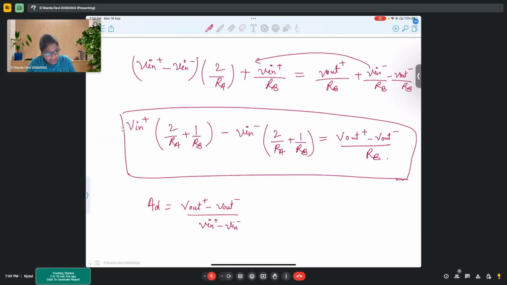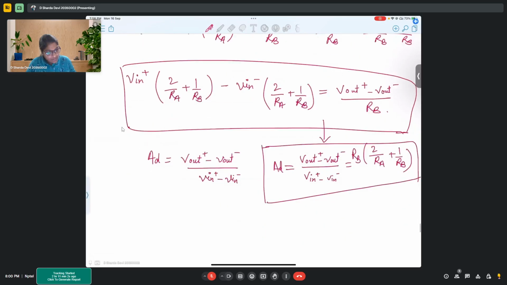So if I simplify this further, I would get V out plus minus V out minus by Vn plus minus Vn minus as 2 upon Ra plus 1 by Rb into Rb. So this will become your AD. Correct?